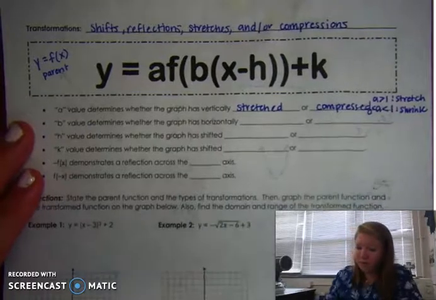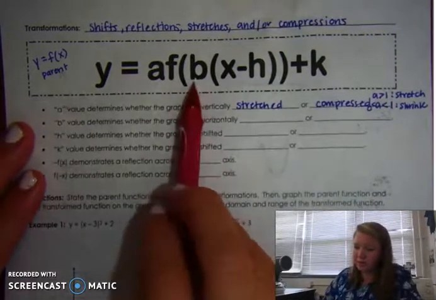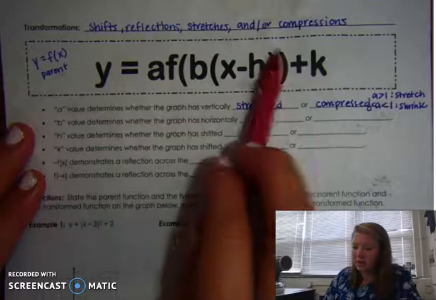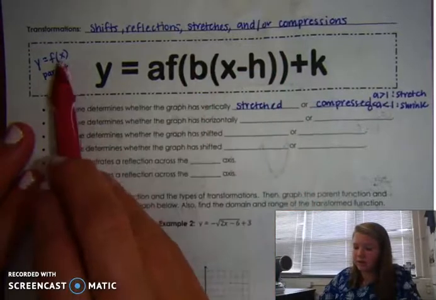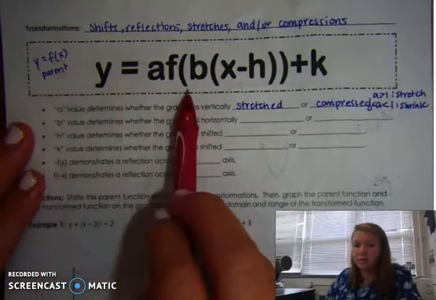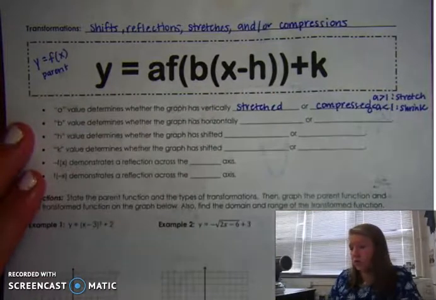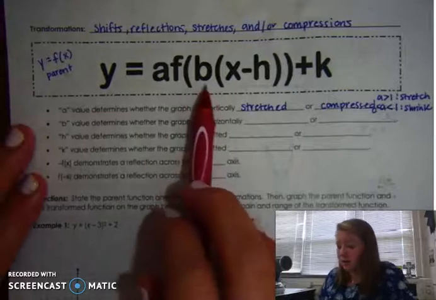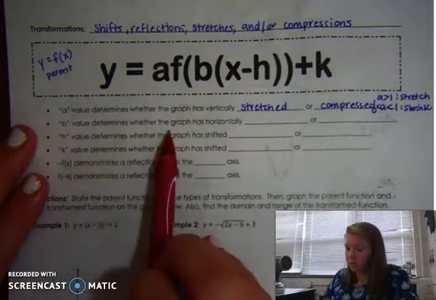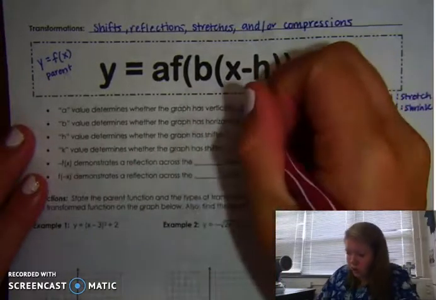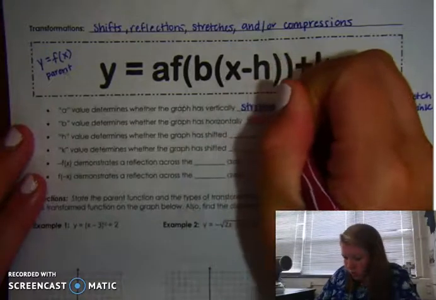The b value is inside the parentheses. Anything that's inside these parentheses in the f of x part here is going to be affecting horizontal changes in your graph, so along the x-axis. The b value is going to represent whether the graph has horizontally stretched or compressed.